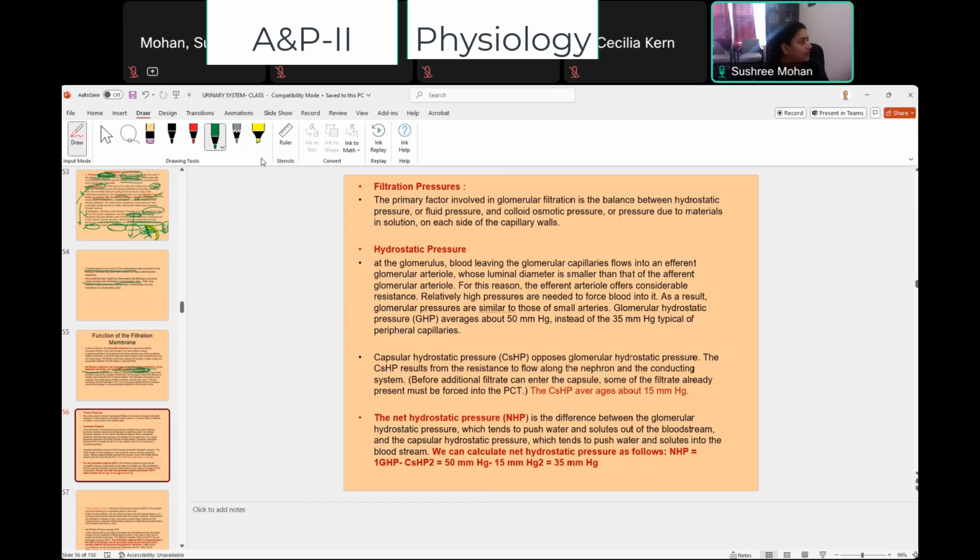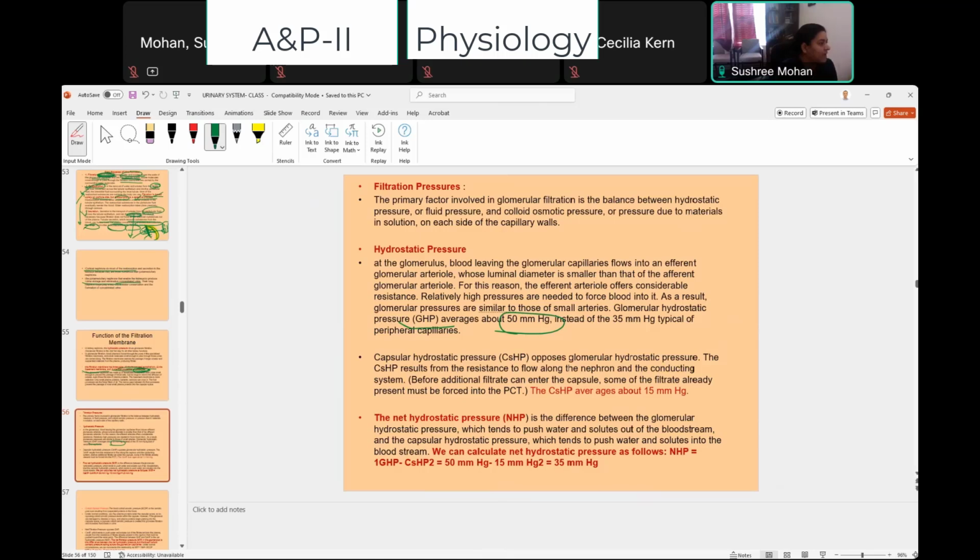We are going to study 3 different kinds of pressure that act through the glomerulus. Number 1 is hydrostatic pressure. At the glomerulus, you will find that there is a pressure, and that is called glomerular hydrostatic pressure. It is about 50 millimeters of mercury. That is called GHP.